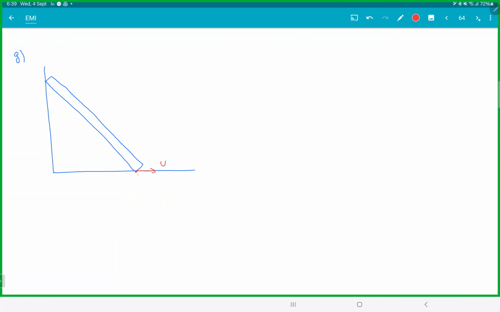So this is going with u. This is B. B is going with some velocity. It's fine, we don't need to know that.